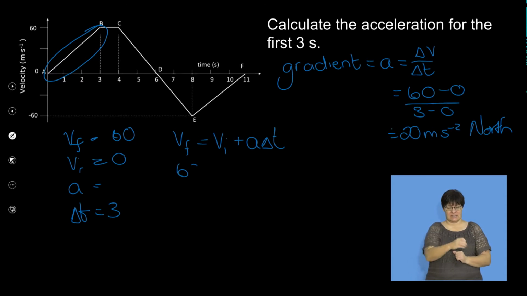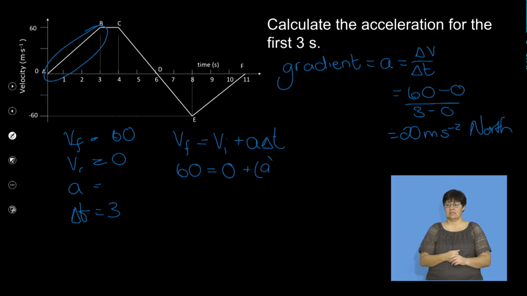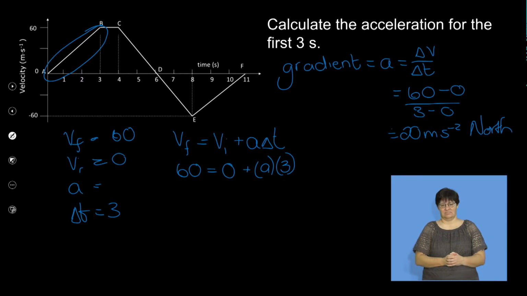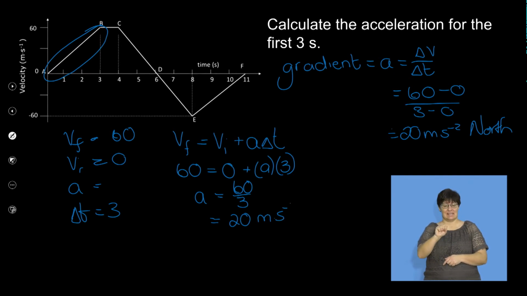Vf is 60. Vi is 0. We want A, and we know it's times by 3. So I'm going to divide by 3 on both sides. Right, so A is 60 divided by 3, which we know is 20, and it's going to be 20 meters per second squared north, because it's positive, okay?